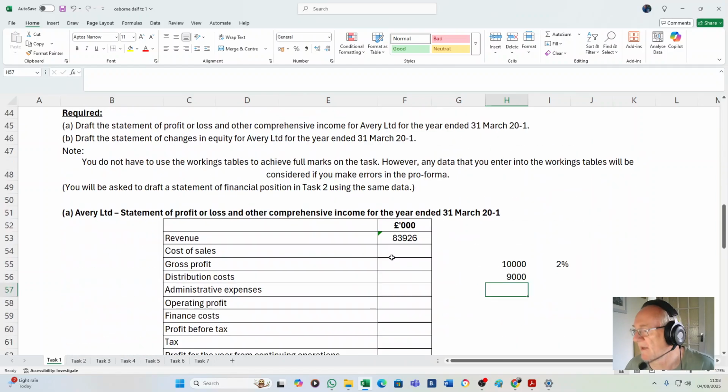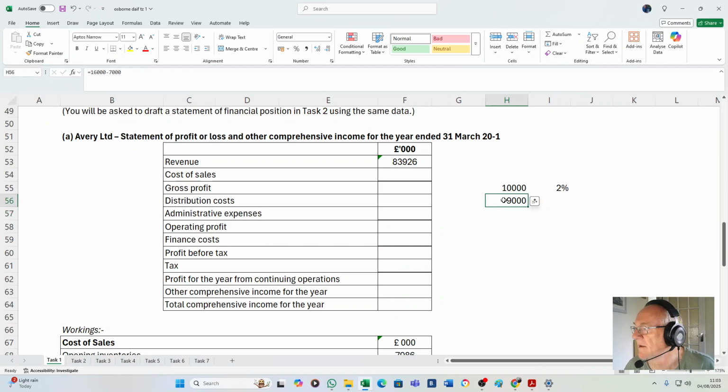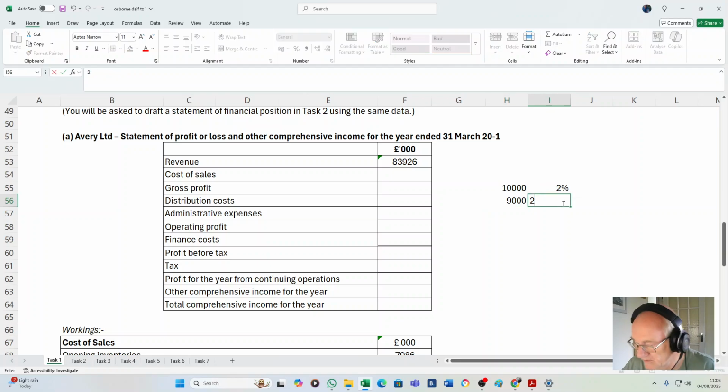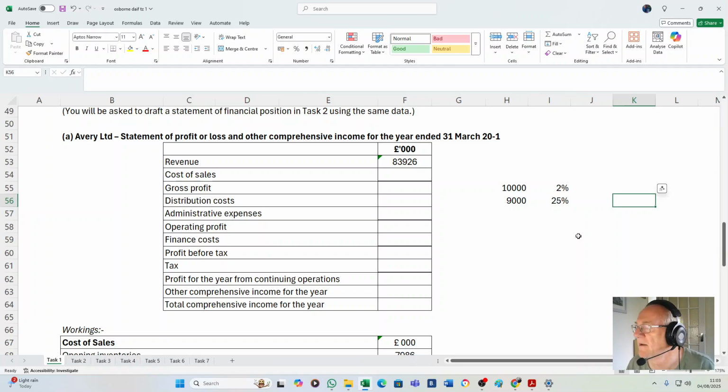25% diminishing balance, which is why actually we took off the accumulated depreciation. Should have mentioned that before. So that's 25%. The revaluation part is land anyway, but if it was a building, we wouldn't be adding that to the depreciation because the revaluation's an end of year item, so it hasn't been there for the full year.